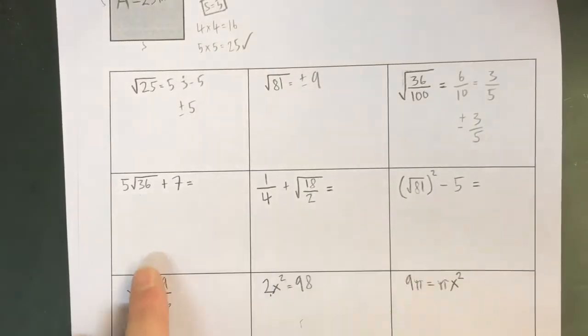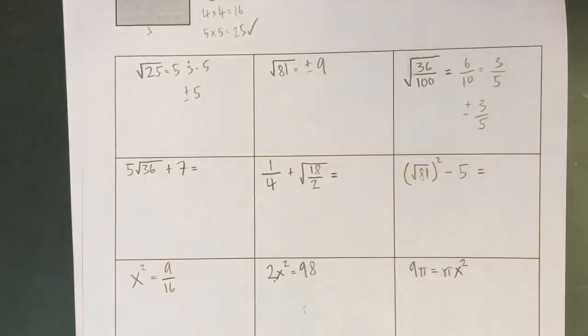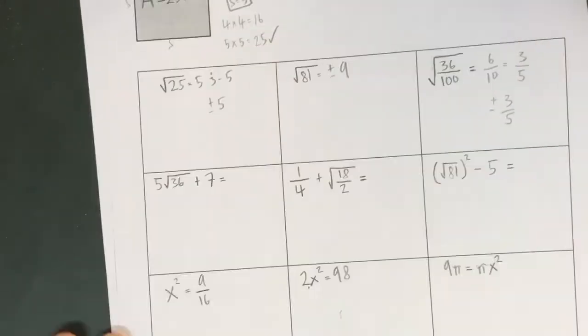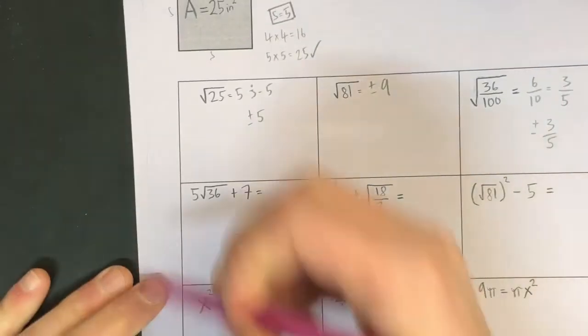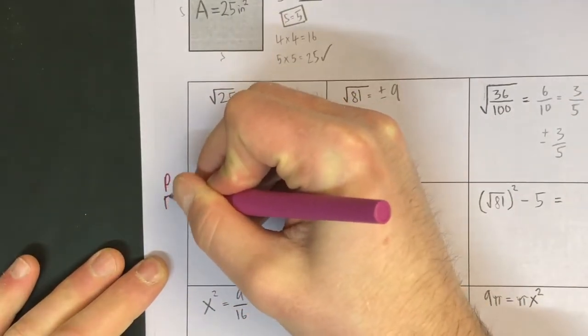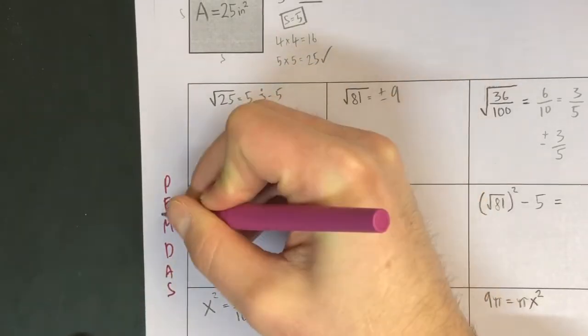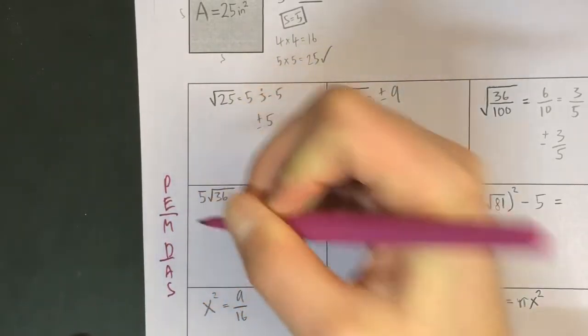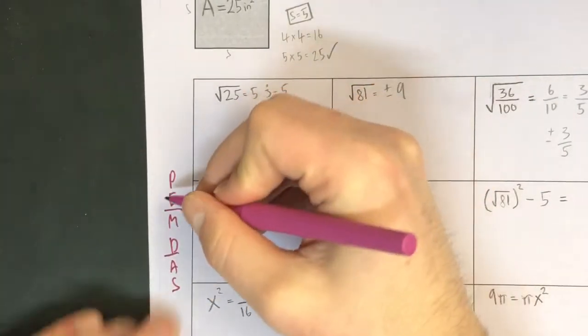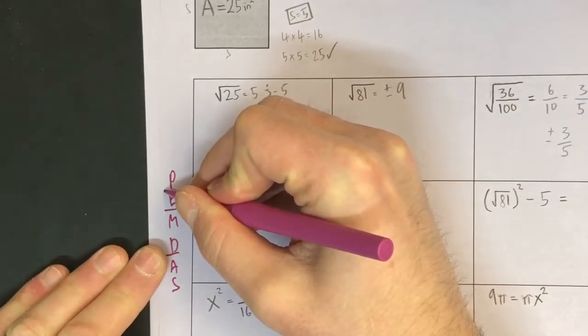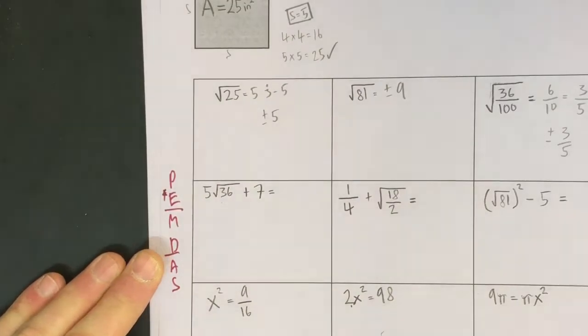So anyway, looking down here, I only want the positive square root. And off to the side, I'm going to remind myself of this thing. PEMDAS. And we are going to put a little star next to the E for exponent.